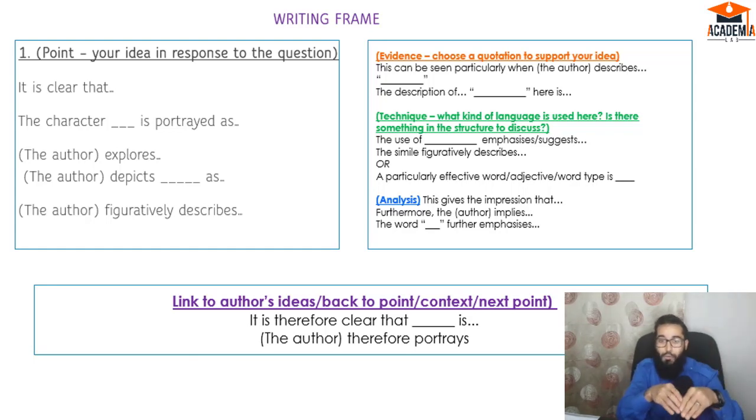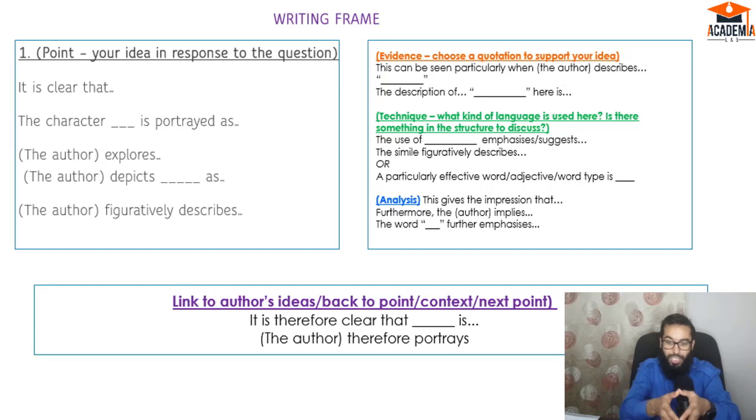So the use of alliteration, for example, emphasizes or suggests, and then you continue. You can say the simile figuratively describes, and then you continue. Or a particularly effective word or adjective that you will mention. You can use emotive language, and all the rhetorical devices and the imagery that we've learned together in order to talk about the techniques in the evidence based on the point.